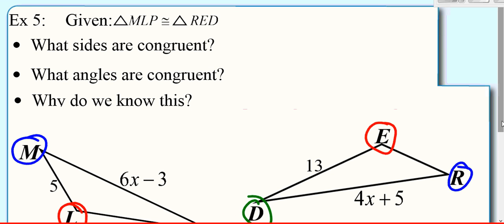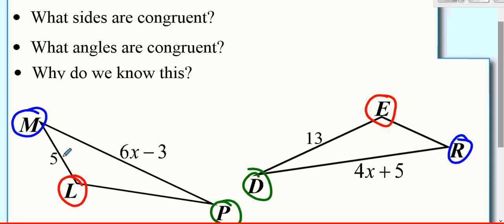So we've got to pick two sides that are congruent. ML is the first side that I'm writing down. That was red and blue and red in that order. Blue, red. Which means over here on the other triangle, it's going to go blue, red. So that goes with RE.